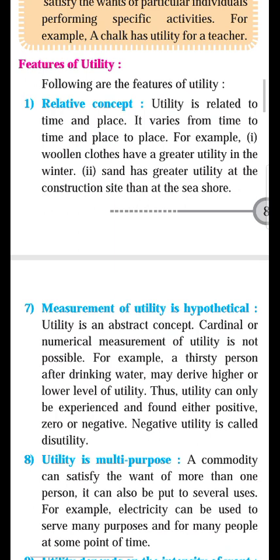Number 7, utility is not easily measurable, means utility is a hypothetical concept. Number 8, utility is multi-purpose. Number 9, utility depends upon the intensity of want. And number 10, last but not the least, utility is the basis of demand.